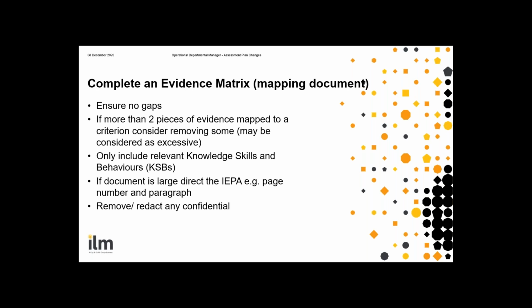And an issue that we have come up against time and time again: people get to the endpoint assessment, and a lot of their evidence they're saying they can't produce for endpoint assessment because it's confidential. You need to be having that conversation right at the beginning of the apprenticeship, and make sure that as you're building your evidence, it can be redacted and still be meaningful, or that it's not confidential.